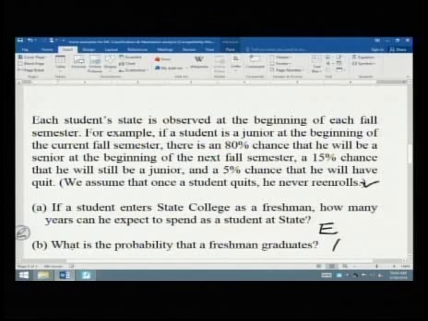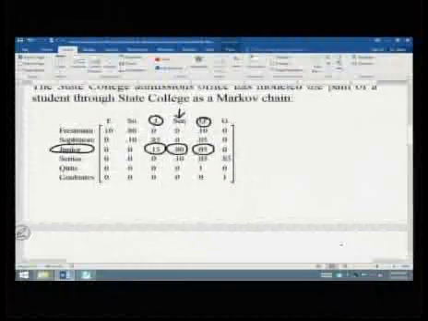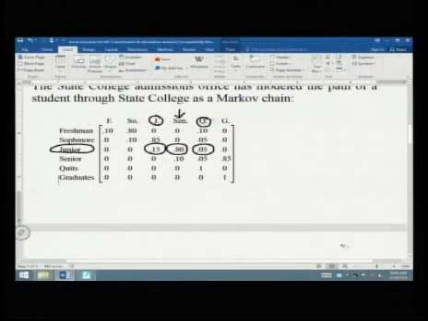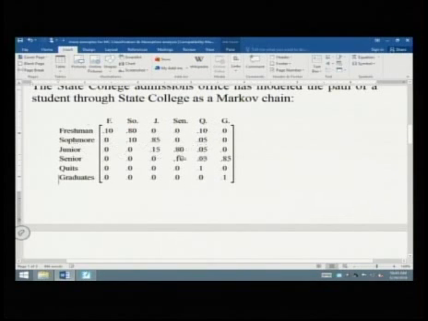Of course, we need the A matrix. So as a first step for the absorption analysis, we need to do the matrix partition. So we're going to have a matrix partition like this.